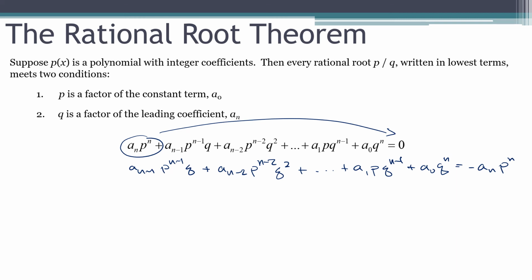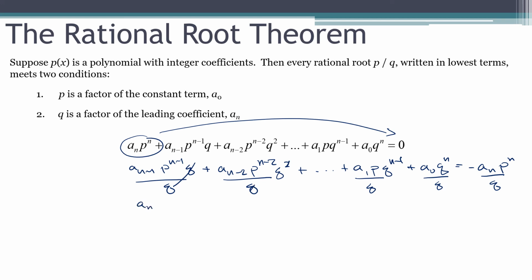I'm going to use the exact same trick, the exact same technique. I'm going to divide both sides by q this time. And look at what happens on the left. Stuff starts to cancel.